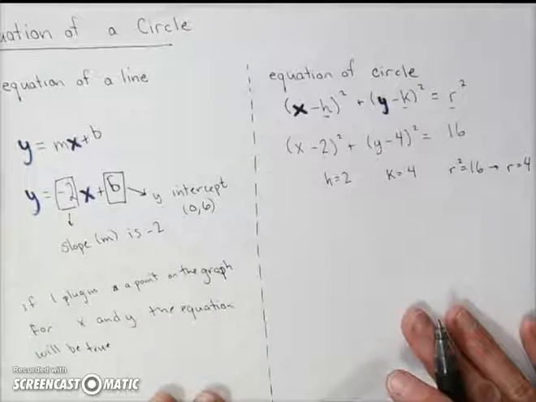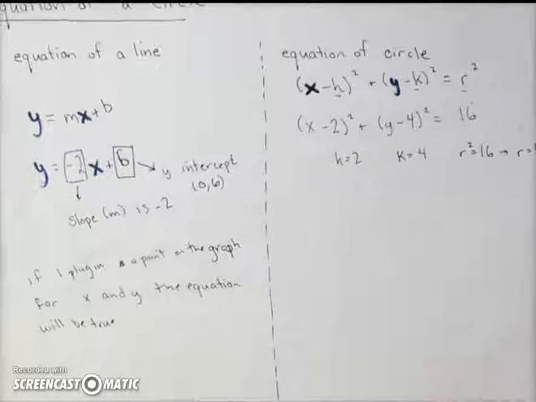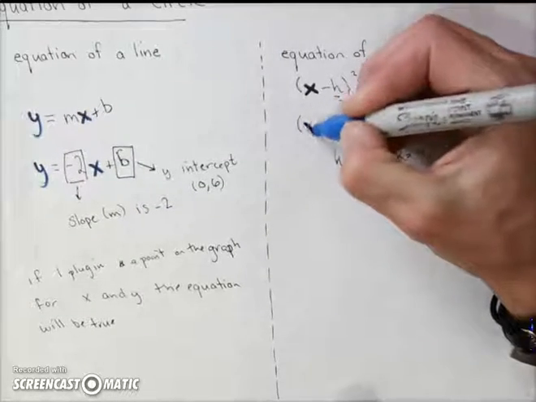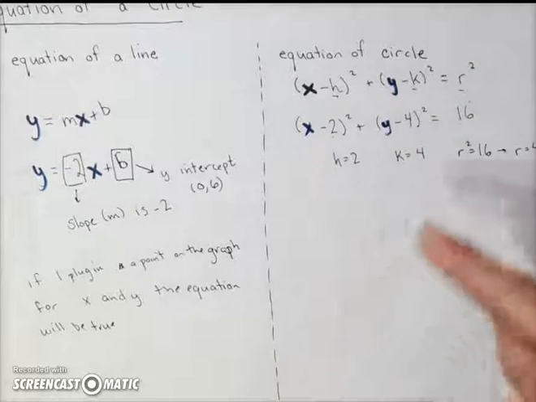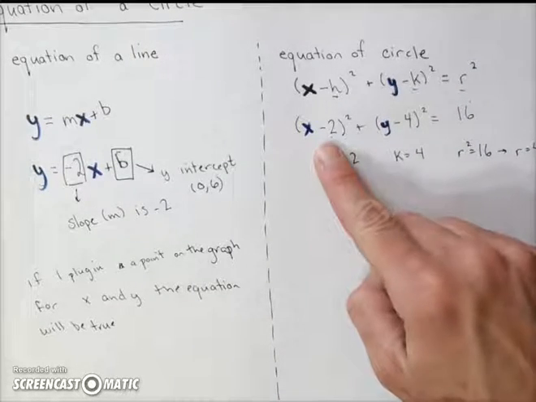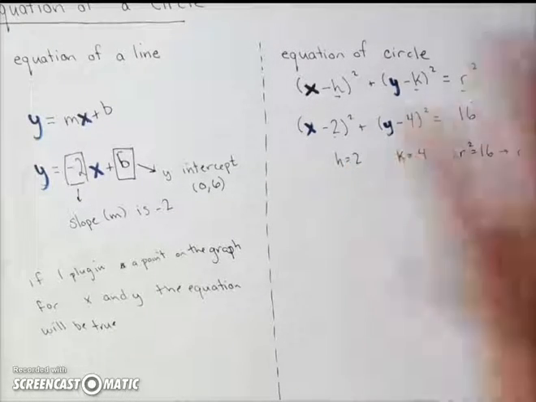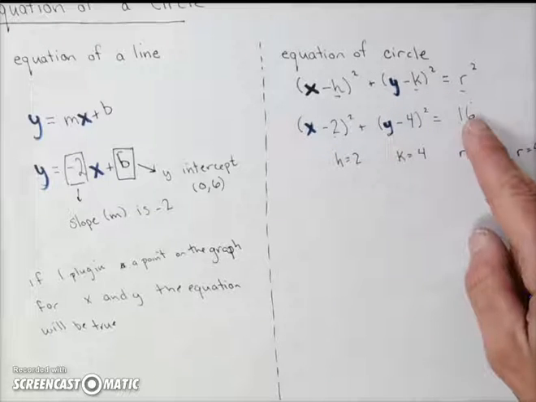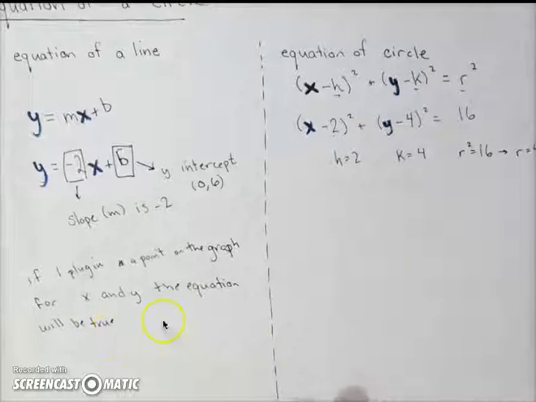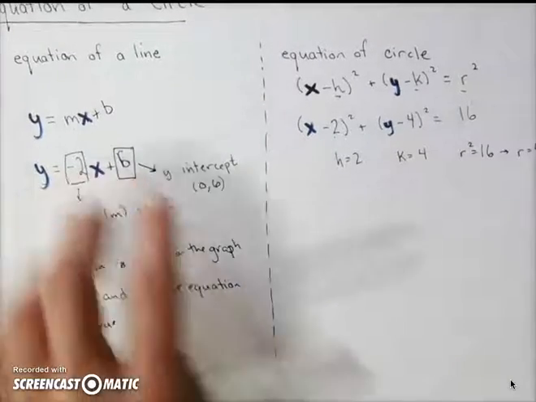Technically r equals plus or minus 4, but we'll always take the positive, and you'll see why in just a moment. So our equation again keeps an x and a y, because if I plug a point on the circle into this equation, it will make it true. If I plug in a point that's not on the circle, the equation will not be true. I won't get 16.